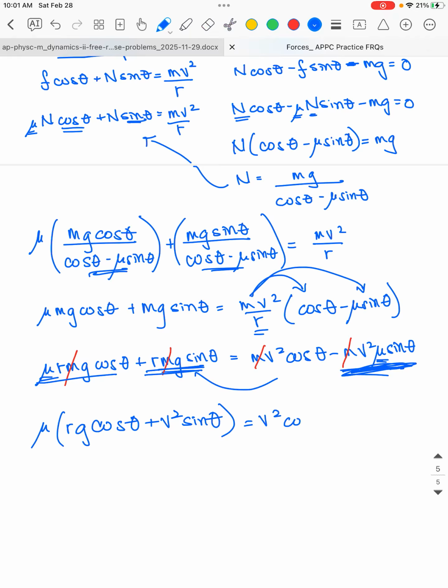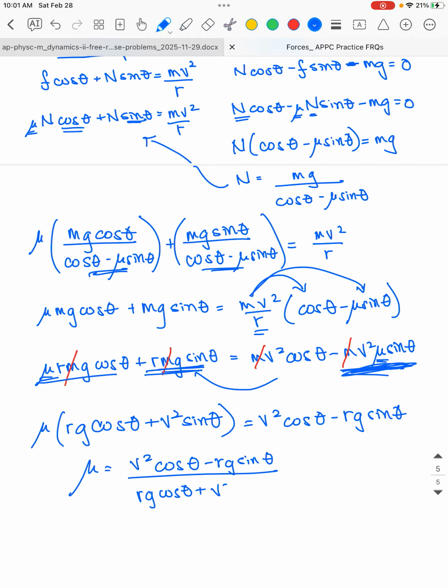So I've got v squared cosine theta minus rg sine theta on the right side. And I'm just hoping I didn't mess up any signs here. Okay, now I just do a simple division: v squared cosine theta minus rg sine theta, all over rg cosine theta plus v squared sine theta.